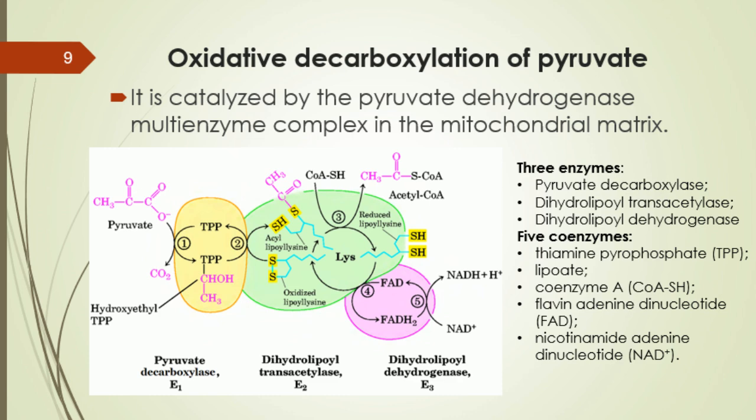Dihydrolipoyl transacetylase. Its coenzymes are lipoate and coenzyme A, a derivative of pantothenic acid. 3. Dihydrolipoyl dehydrogenase. Its coenzymes are flavin adenine dinucleotide, FAD, a derivative of vitamin B2, and nicotinamide adenine dinucleotide, NAD, a derivative of vitamin PP.